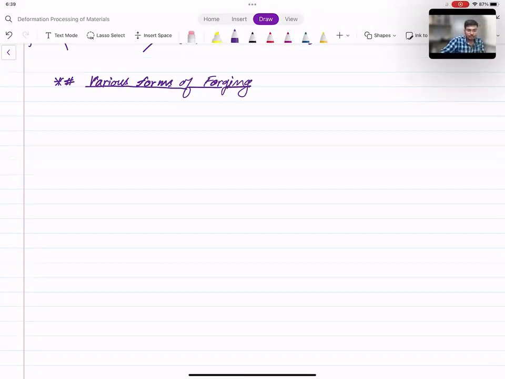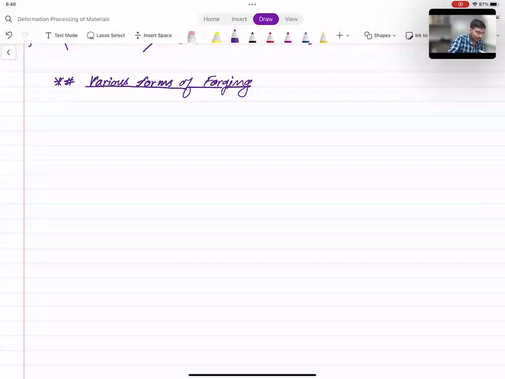Edging is basically a process of giving a different shape to the ends of the bar, or the end of the stock is given a particular shape through forging.